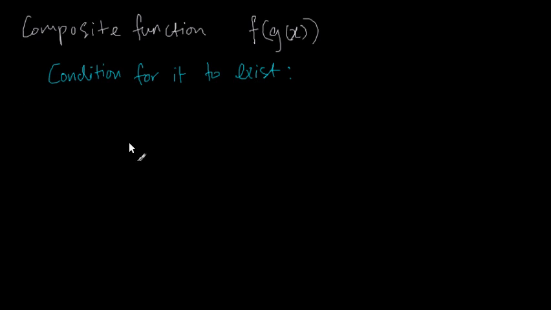Now the condition for it to exist. Once again, let me try and recall what I said in the last one or two videos. It has something to do with how we start with x, right? Then we use g to find an answer, and that answer must be in the domain of f for this to work, for me to get a final answer out of this composite function.